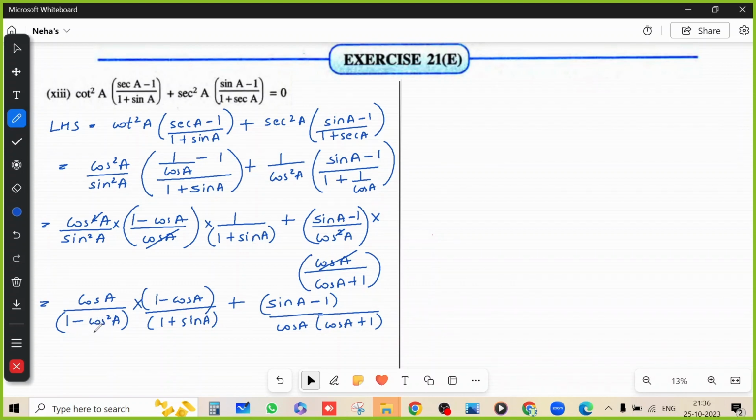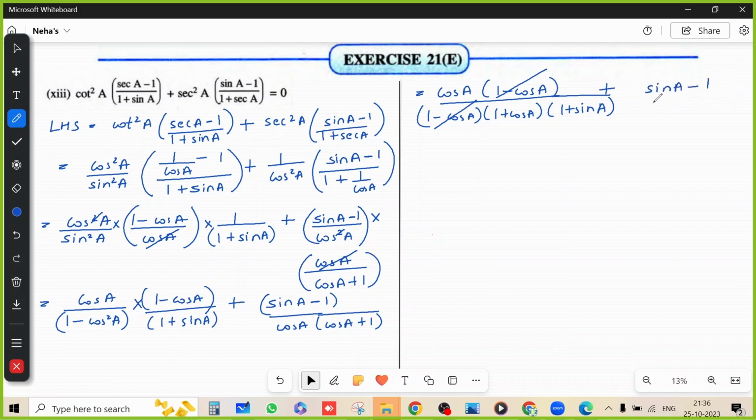Now here in the denominator, we will apply the formula of A square minus B square, which is equal to A plus B into A minus B. So it can be written as cos A into 1 minus cos A divided by 1 minus cos A into 1 plus cos A into 1 plus sin A. From this, we can cancel out 1 minus cos A, 1 minus cos A, and the rest of the expression will be copied as it is.